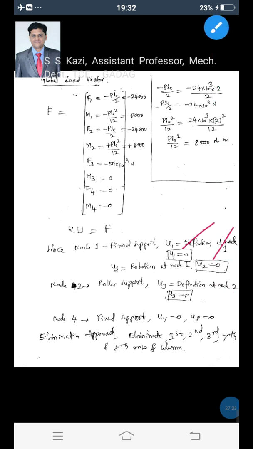Okay, now a roller support. At node 2 there is a roller support. Here this node will not deflect in the y direction, it will not undergo deflection. That's why I wrote U3 is equal to 0. But the rotation U4, it may rotate because there is a roller here. It will allow the node to rotate. Okay, U3 is 0.